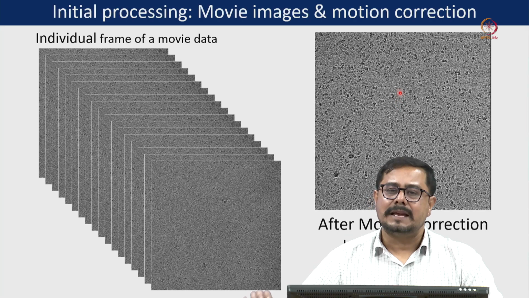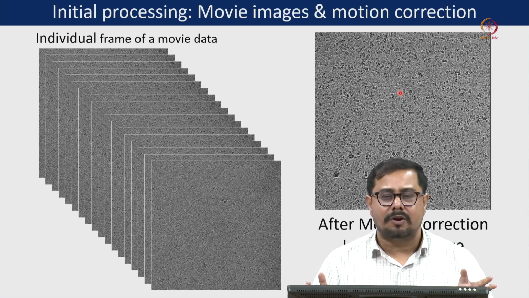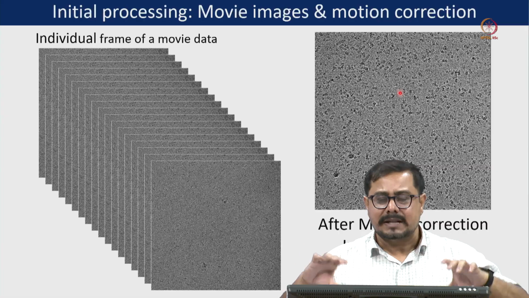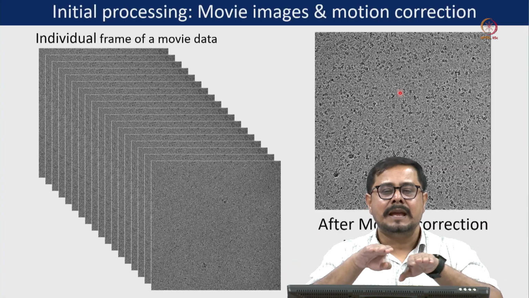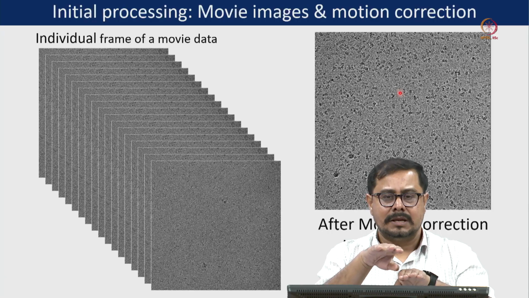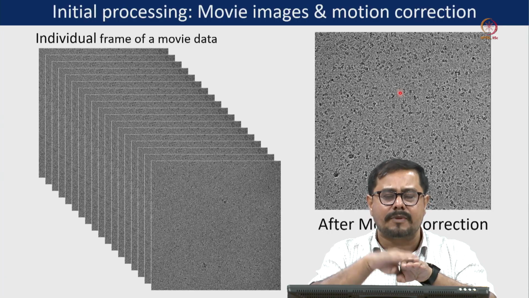One more thing, as I mentioned, we are not using any staining solution, so the contrast difference will not be there. Because of the heavy metal staining solution in negative stain, there is a very nice contrast difference between black and white, so you can easily distinguish your protein molecules from the background.